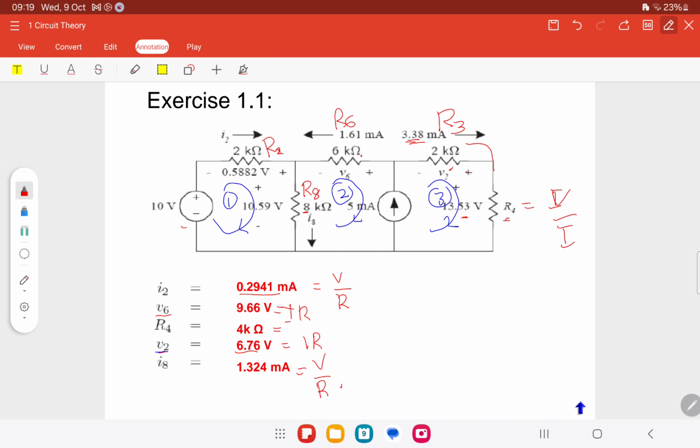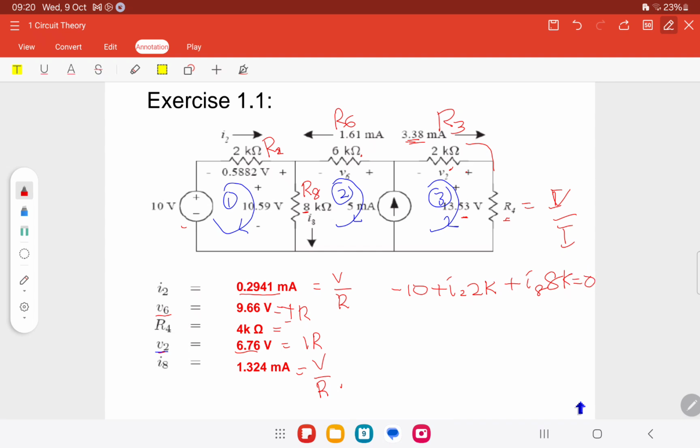Okay, saya nak tunjuk one way untuk kira. Tolak 10 plus I2 2K plus I8 8K equals to 0.